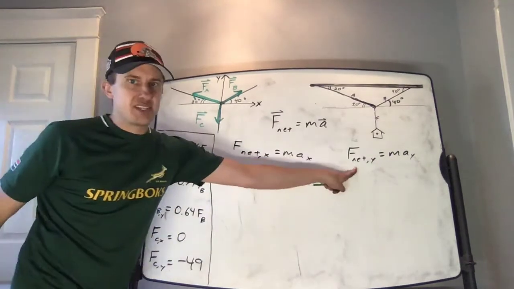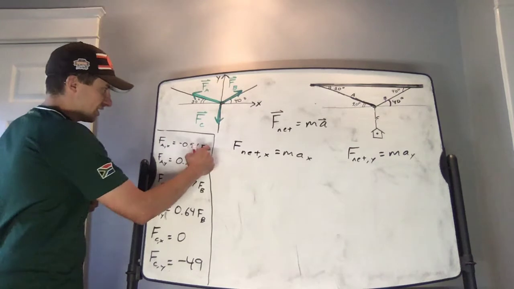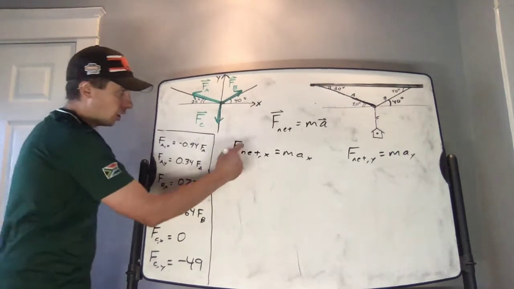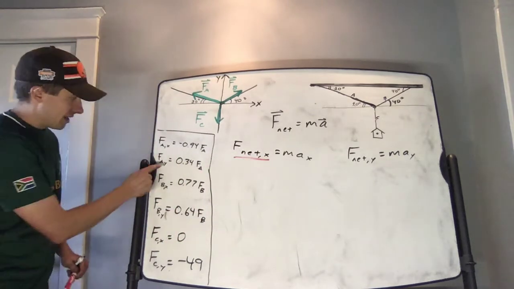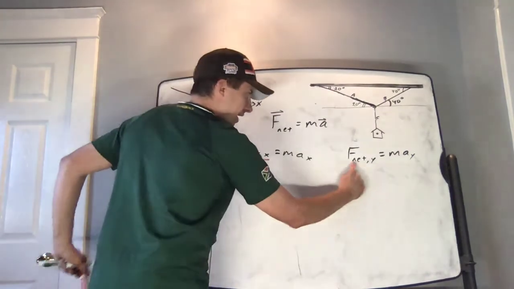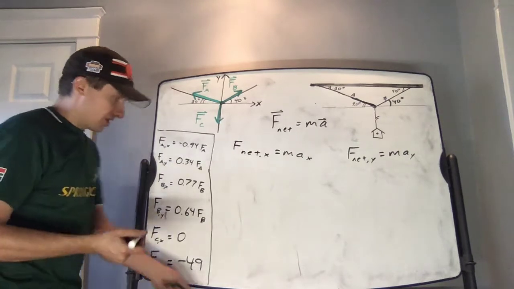Two equations. F net x is going to be all the forces in the horizontal, FAX, FBX, FCX. All of those will go in F net x. F net y, FAY, FBY, FCY. All of these will go in F net y. So let's set these equations up.